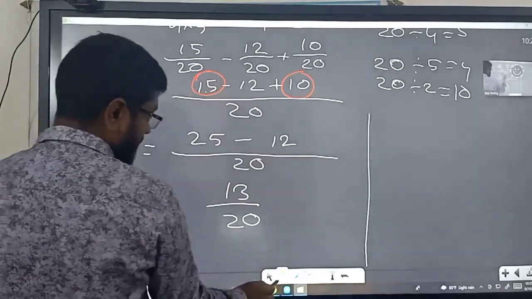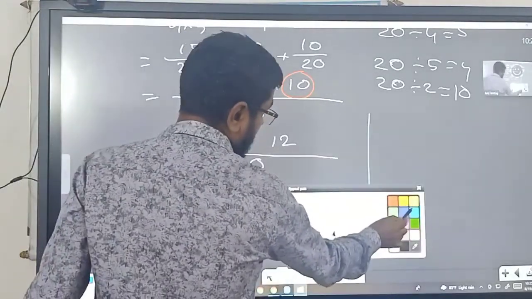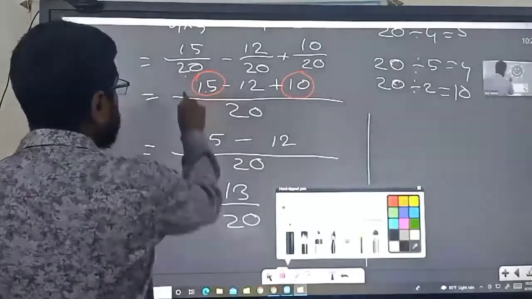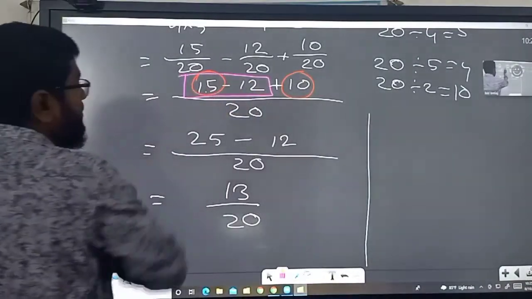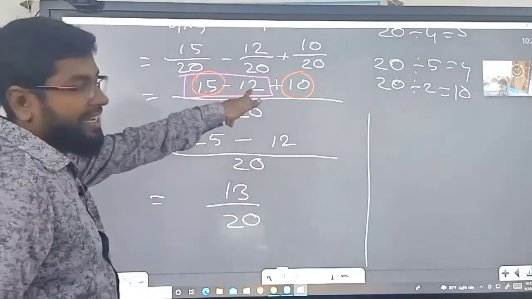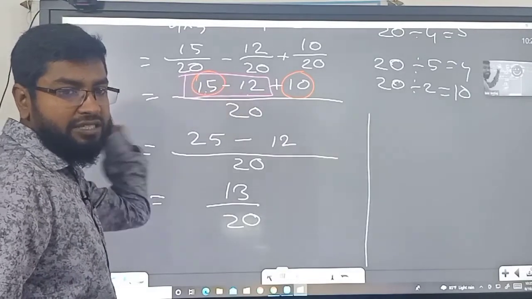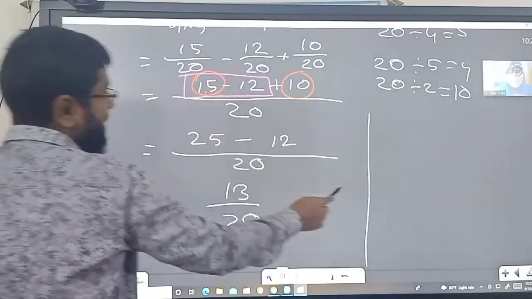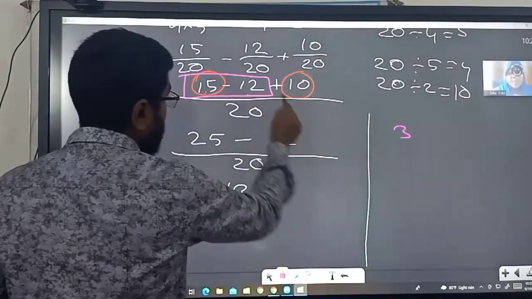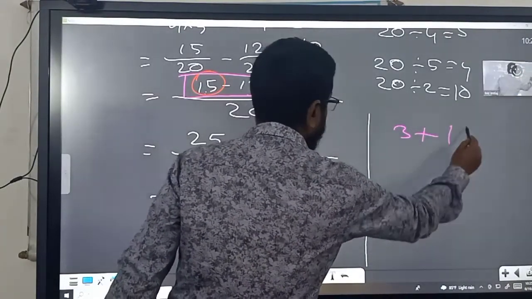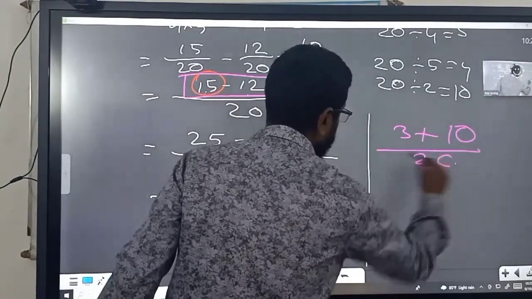Okay, these two numbers, follow me. The first one is positive, the second one is negative. We can subtract this one first, no problem. If I subtract, it will be 3. Then the second one is plus 10, and down we will write 20.